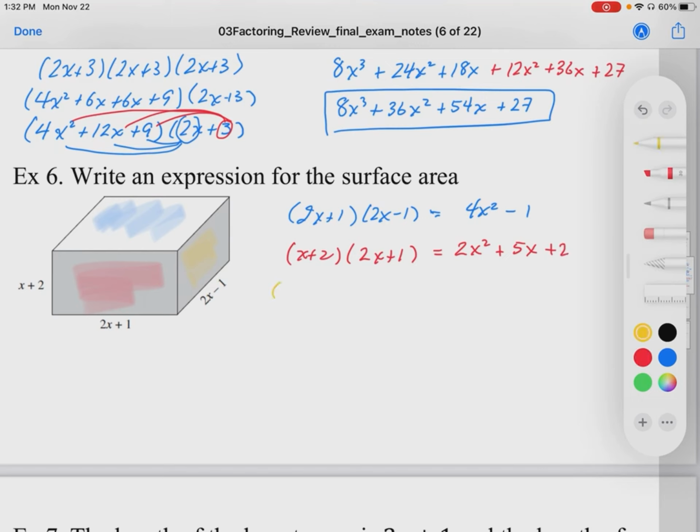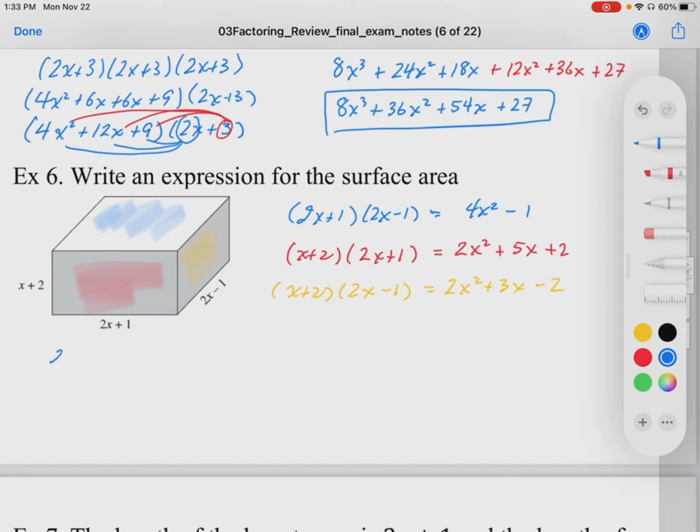And then lastly, I'm going to end up with (x + 2) times (2x - 1). So I get 2x squared minus x plus 4x, so that's plus 3x. And then negative 1 times positive 2 gives me minus 2. So those are the 3 surfaces.